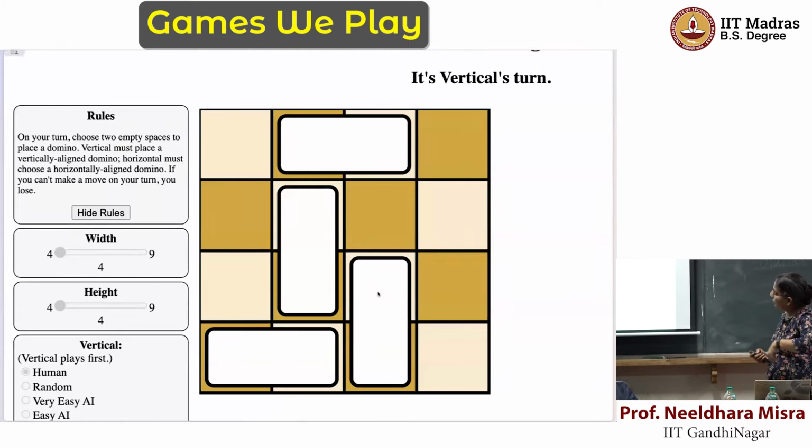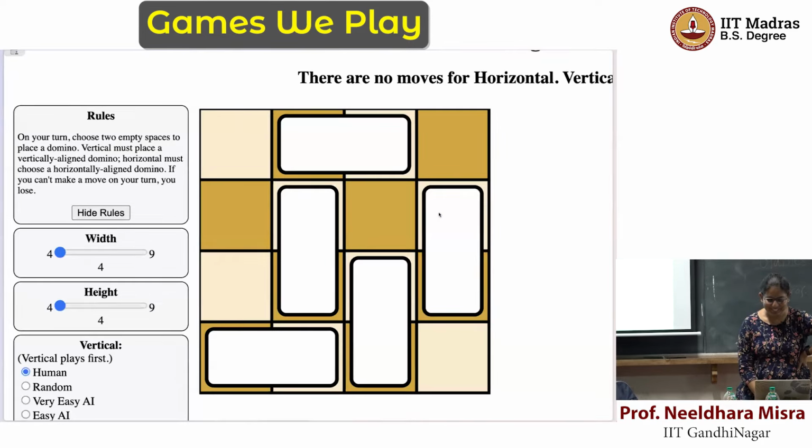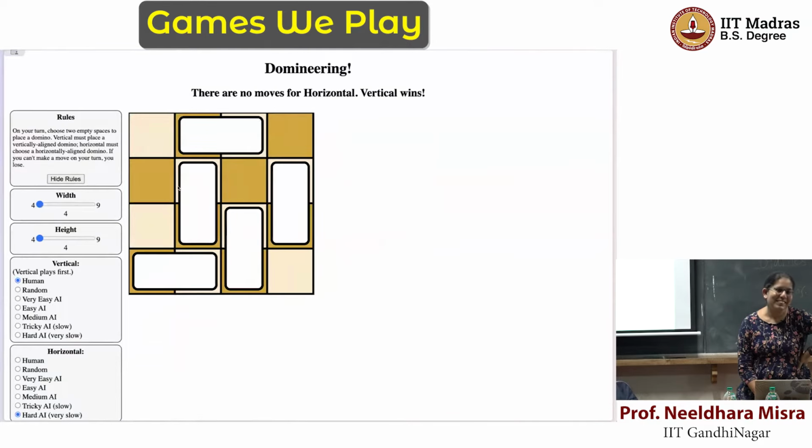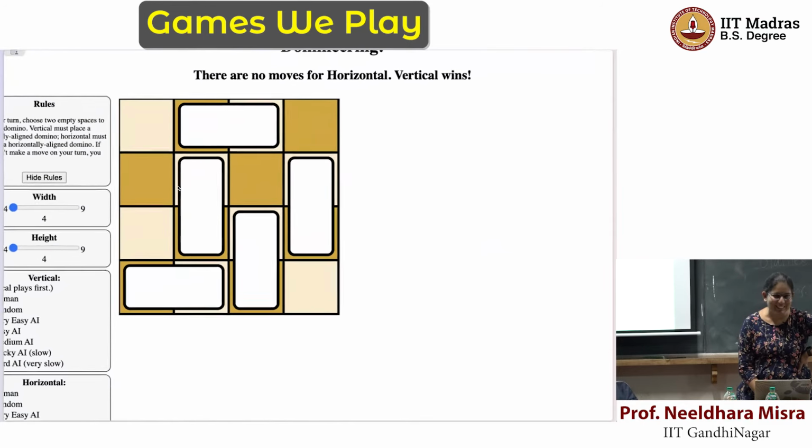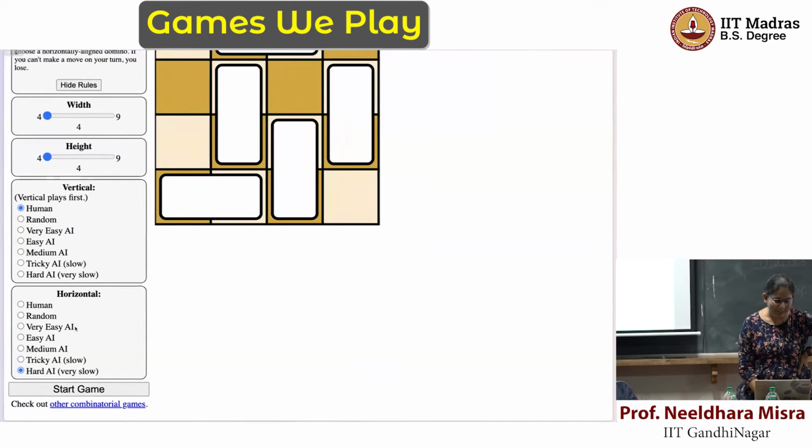Second row, last column. This smart AI is not very smart, is it? It's not even, no, it's not slow, but it's not smart.